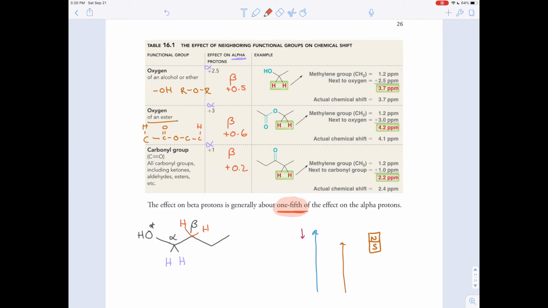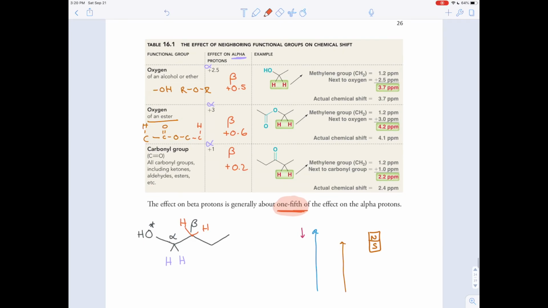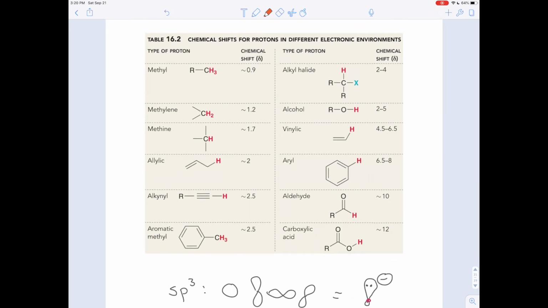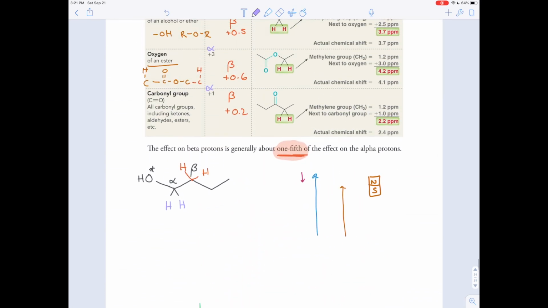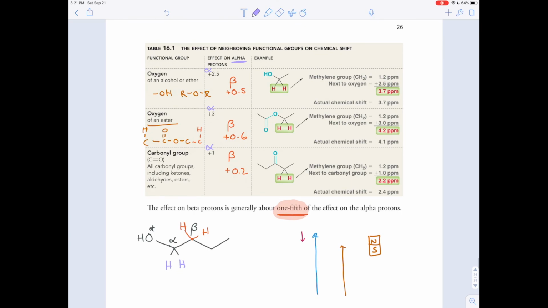Okay, so we'll do a bunch of practice with this in other videos, but I just wanted a quick video to introduce this idea. You have the places where these peaks are likely to occur just because of the structure of these groups. So you have the chemical shifts where they're likely to occur, but those chemical shifts will change if you have very electronegative groups nearby.